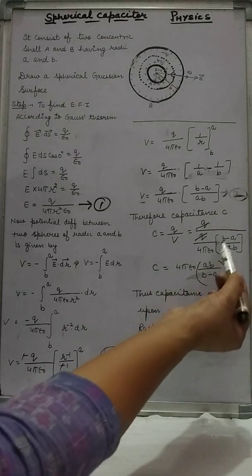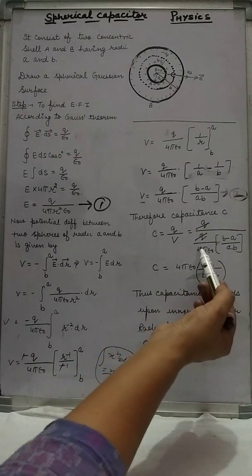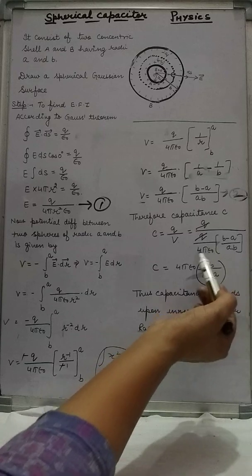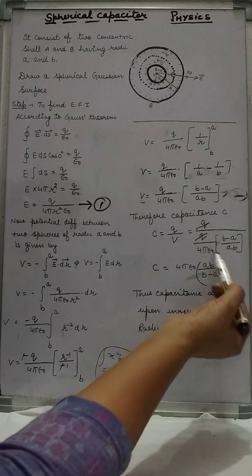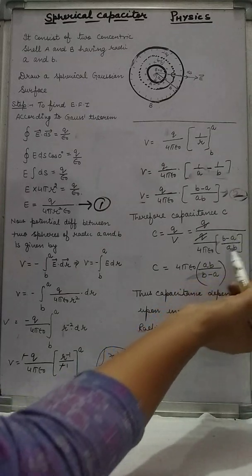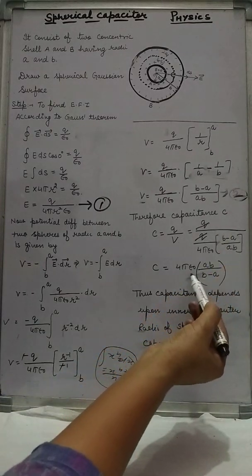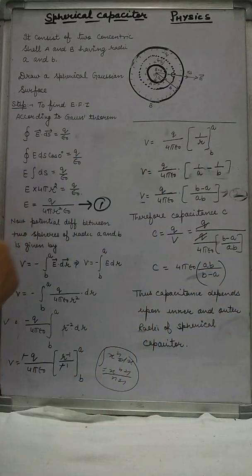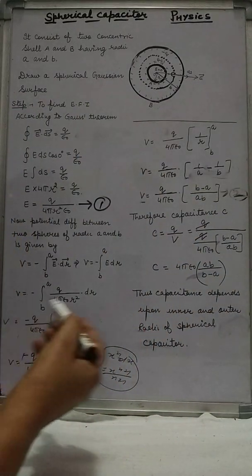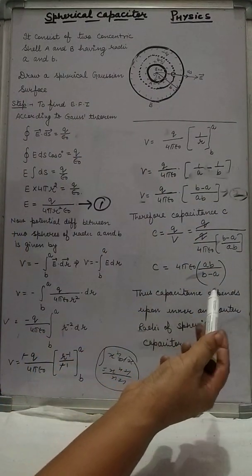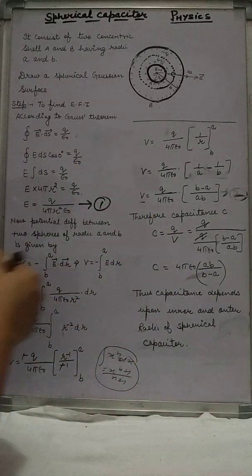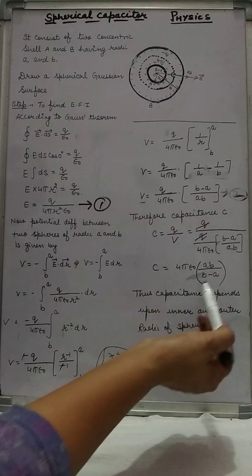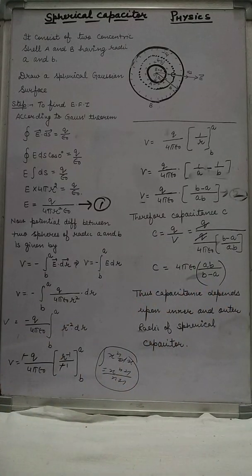Now after solving, we get C is equal to 4 pi epsilon naught AB upon B minus A. It means the capacitance of this spherical capacitor depends upon the outer and the inner radii of the capacitor.